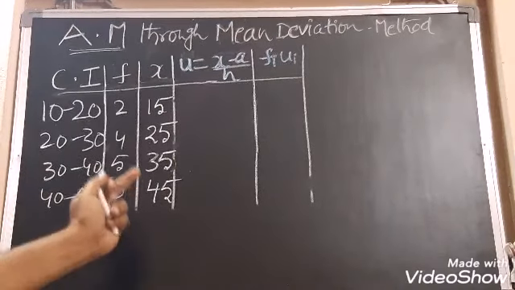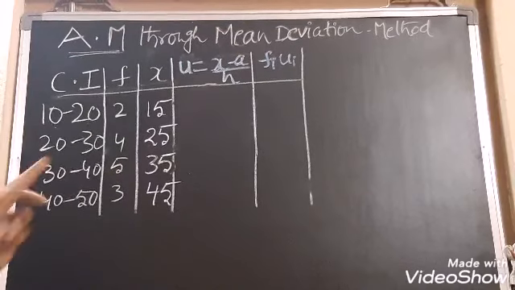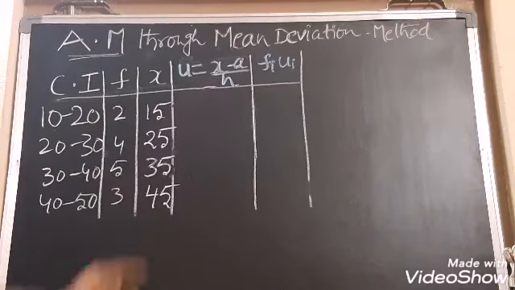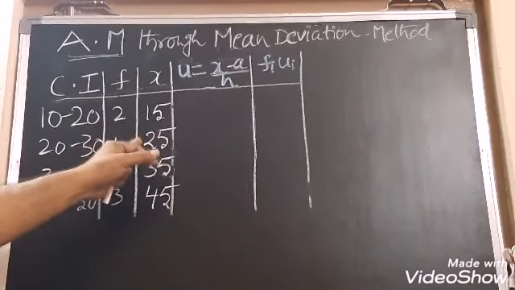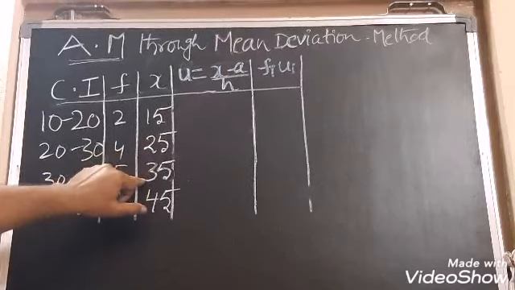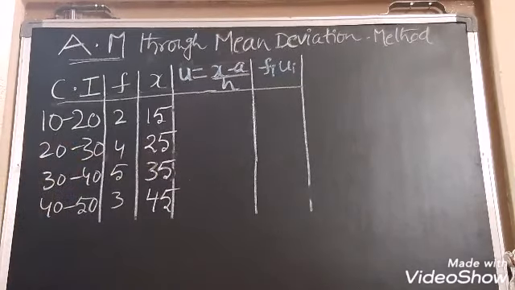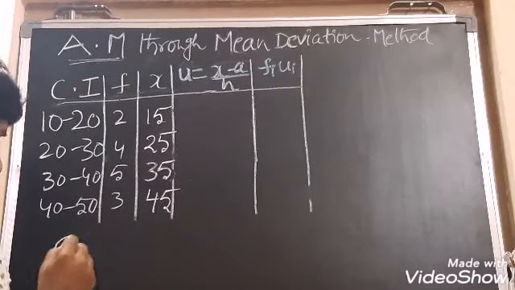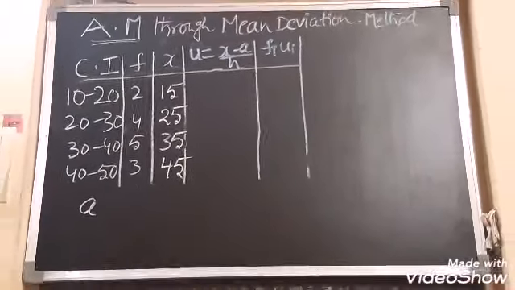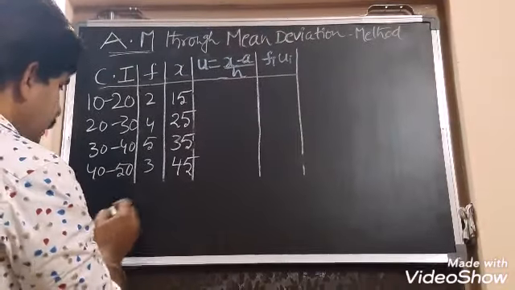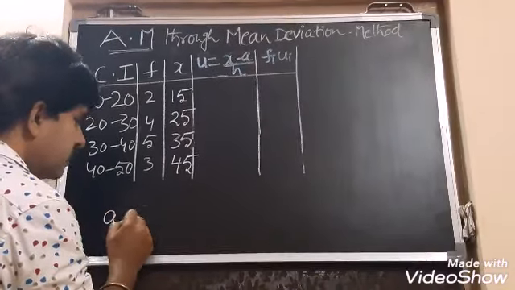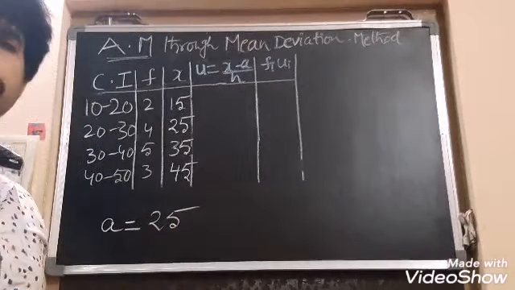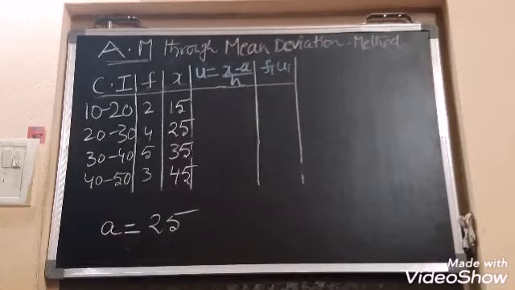Here again you have to assume some mean from the x values. We may assume the mid value 25 or 35. Let us take 25 as the assumed mean. We assume A is equal to 25.